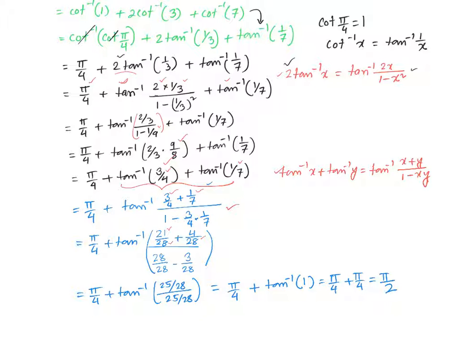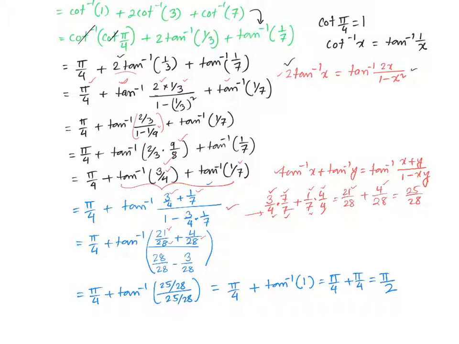Just to show it to you on the side, this is what I did, so that I have a common denominator. 7 times 3 is 21 divided by 28. 4 times 1 is 4 divided by 28. 7 times 4 is 28. Now 21 plus 4 is 25 over 28.